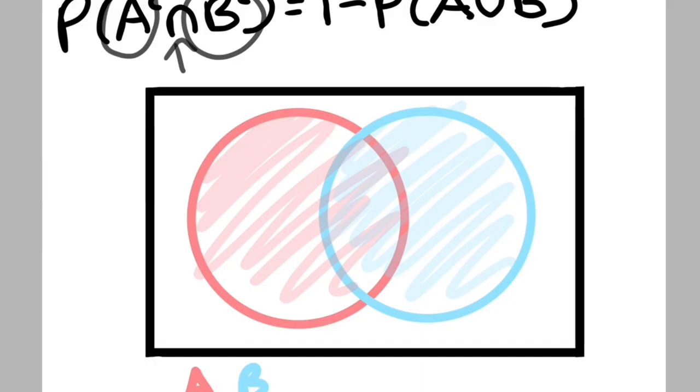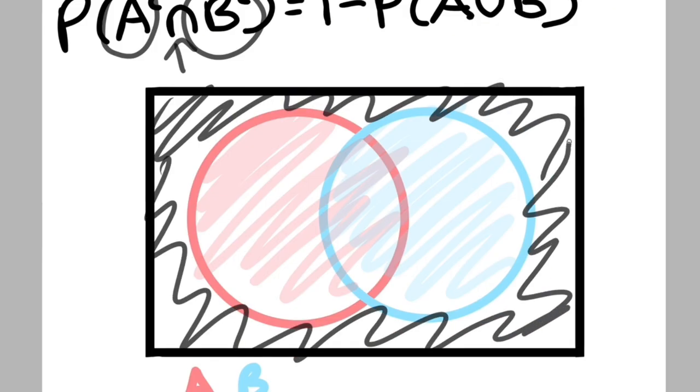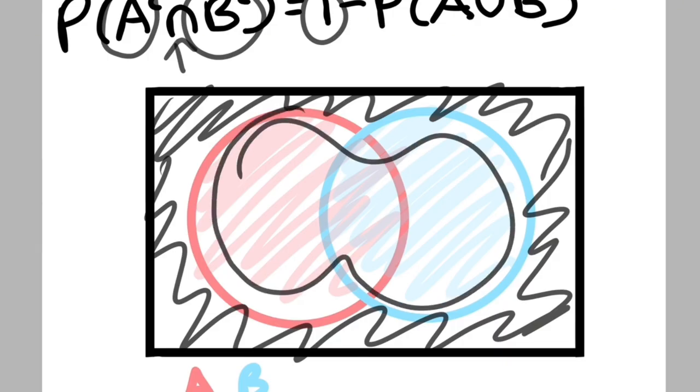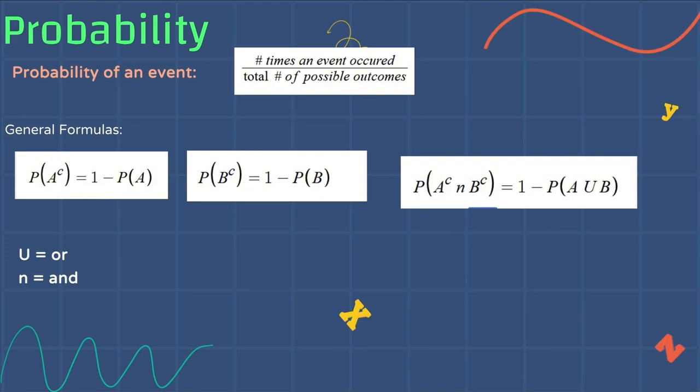So it can't be A and it can't be B. So the option is quite literally everything here. That's why, as the whole area is 1, we do 1 minus this part. ∪ stands for or and ∩ stands for and.